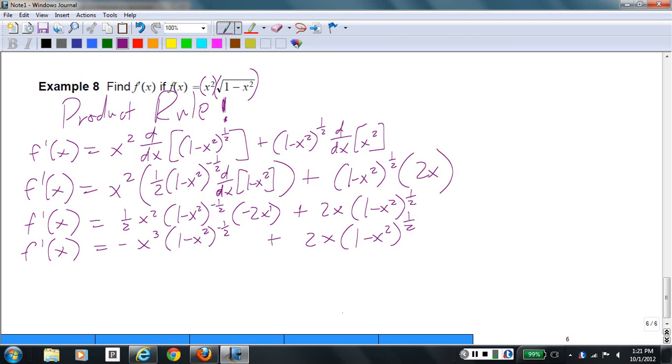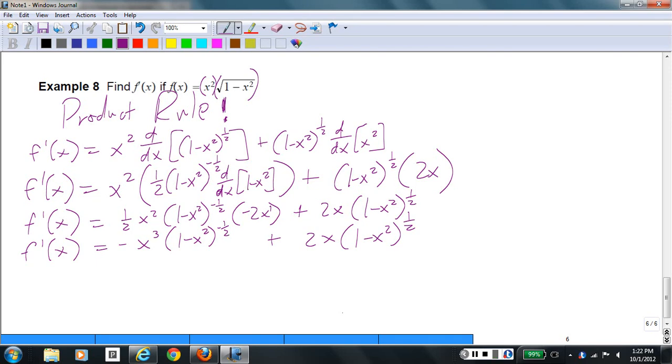But a nicer way to write this would be factored form. Eventually, in the next chapter, we're going to be interested in zeros of the first derivative. Values of x that make the first derivative equal to 0 give us places where a function may stop increasing and start decreasing, or stop decreasing and start increasing.